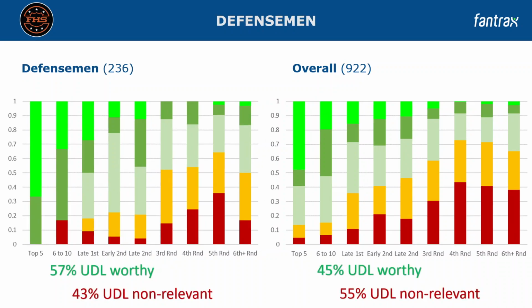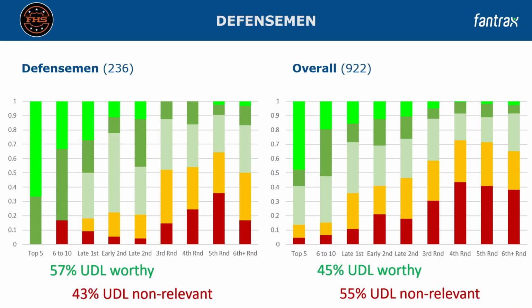Next, we look at the defensemen, and you see here what I think is the most statistically relevant deviation, in that we have managed to draft 57% fantasy relevant defensemen compared to the 45% average, which is quite significant.